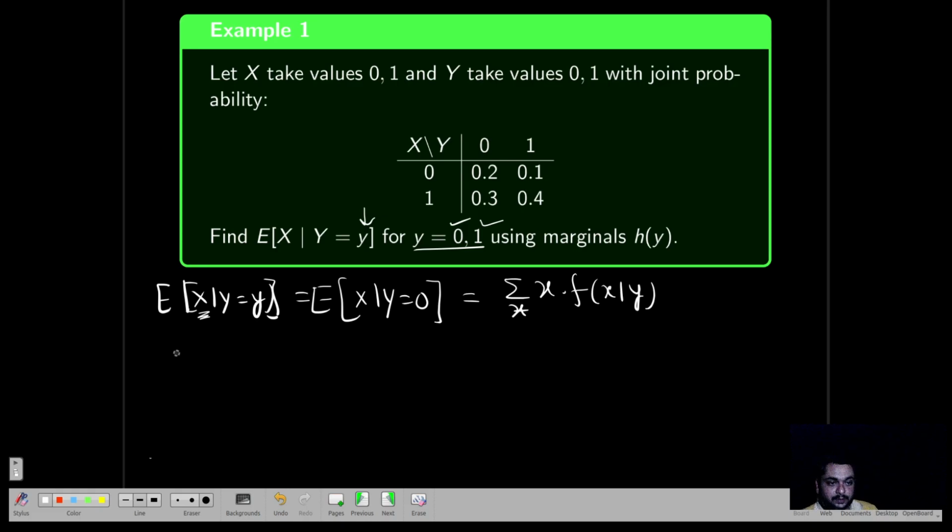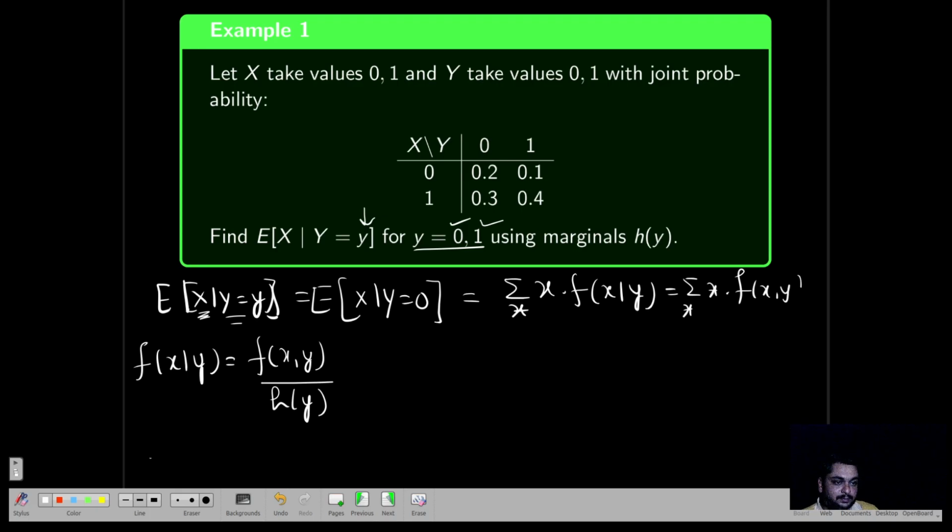Now, how will you find f of x given y? You already found it, right? This is nothing but f of xy divided by, what is fixed here? Y is fixed. So marginal of y, h of y. Now what this becomes? Summation of x into f of x comma y divided by h of y.